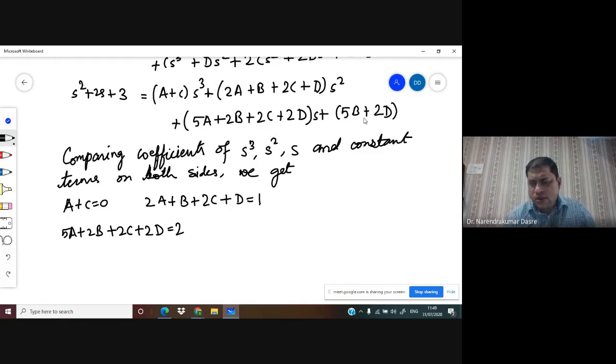And the constant term on both sides: 5b plus 2d is equal to 3.